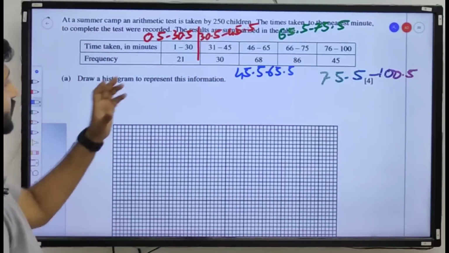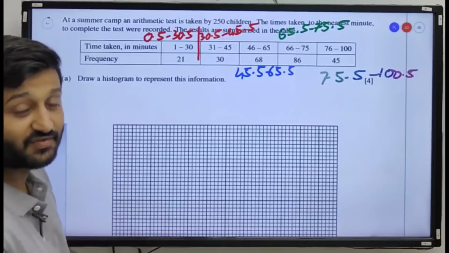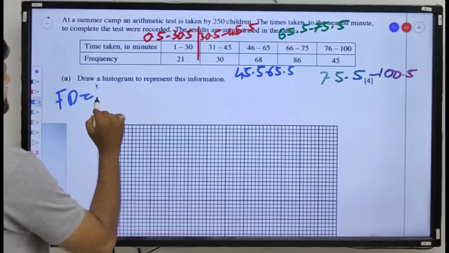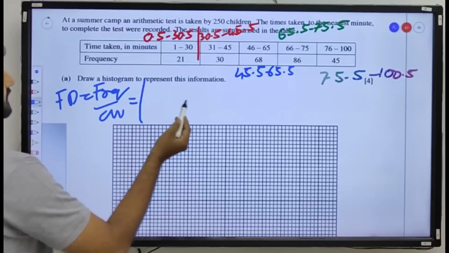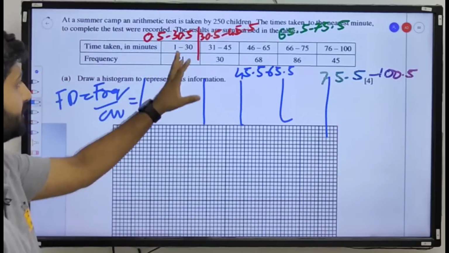But as we are supposed to draw the histogram, we are first supposed to find the frequency density, and we know frequency density is nothing but frequency upon class width.